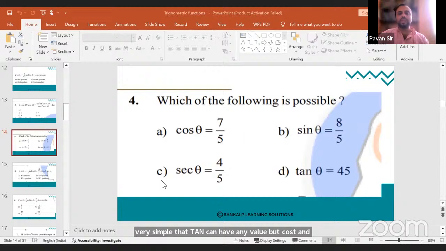Here all are greater than 1, but tan theta can have any value. So tan theta is the only correct answer. Tan theta is equal to 45, so if you cancel them, these all will give an answer greater than 1. So it is the incorrect answer. So tan 45 is 1. So it is the correct answer.